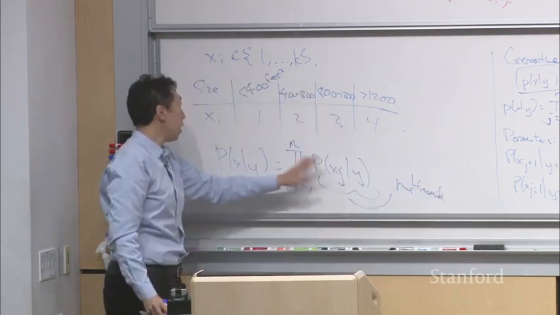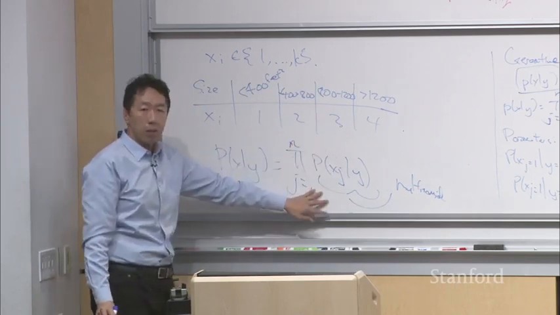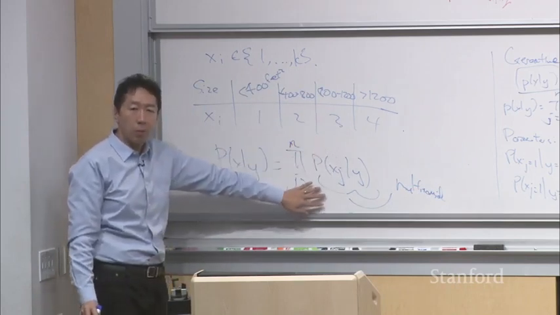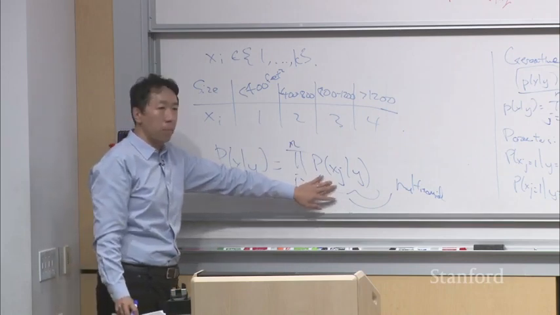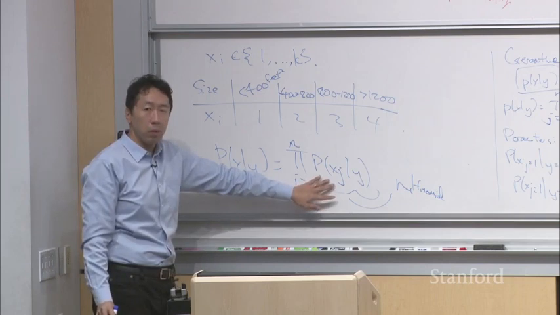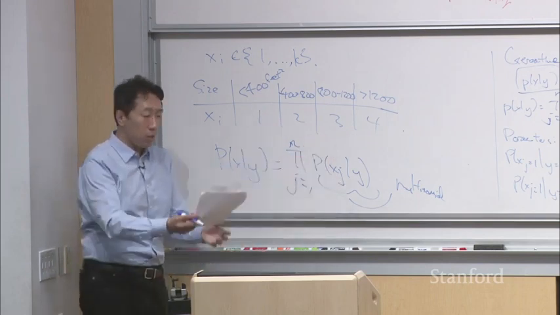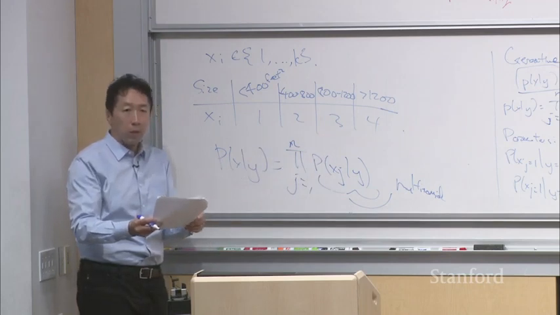If xj now takes on one of 4 values, say, then this can be estimated as a multinomial probability. So instead of a Bernoulli distribution over 2 possible outcomes, this can be a probability mass function over 4 possible outcomes if you discretize the size of a house into 4 values.